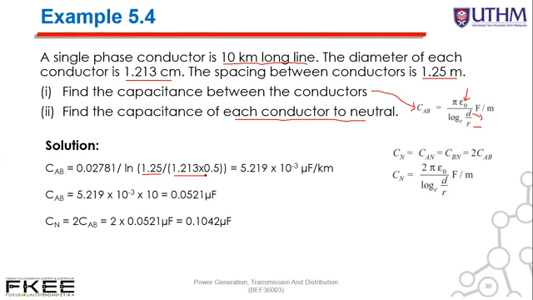The radius is 1.213 times 0.5, or divided by 2. So we get CAB equal to 5.219 times 10 to the power of minus 3 microfarad per kilometer.